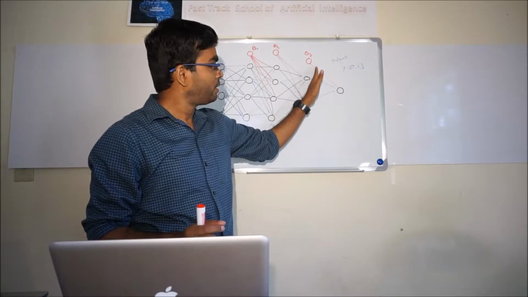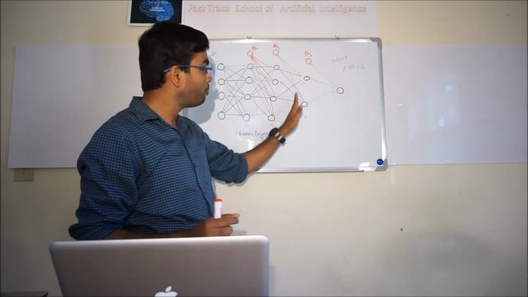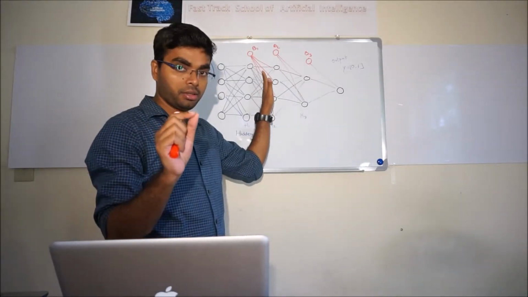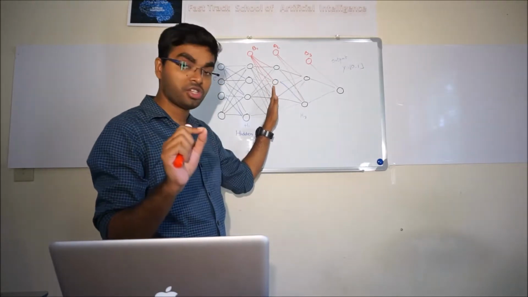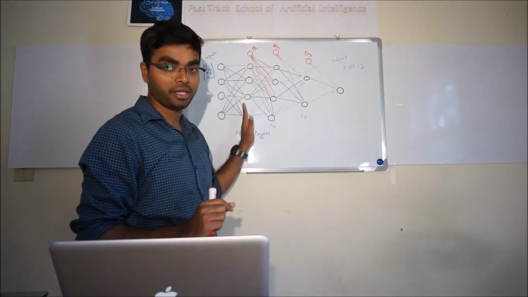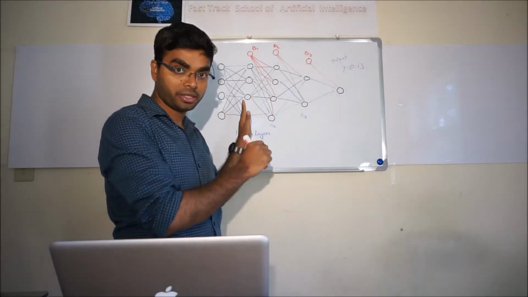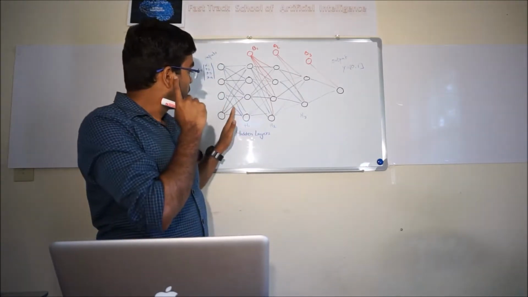Again, that error is sent backward, and the next layer is adjusted accordingly, with a small amount of weight and bias changes, and so on until we reach the weights and biases of the first hidden layer.